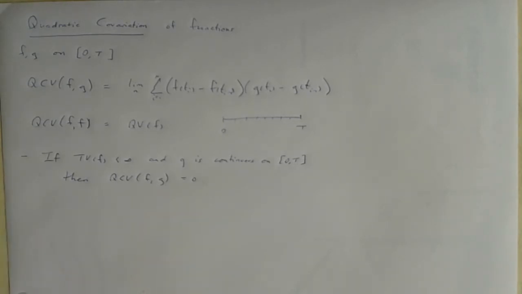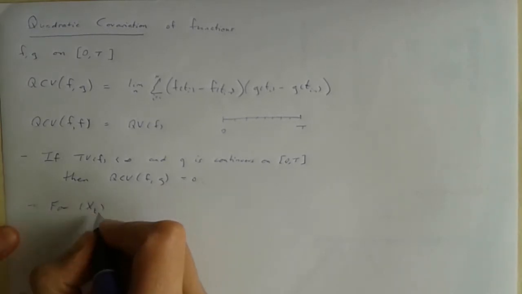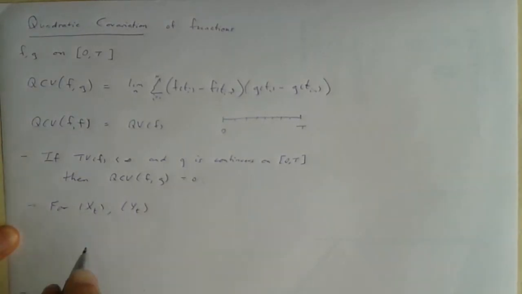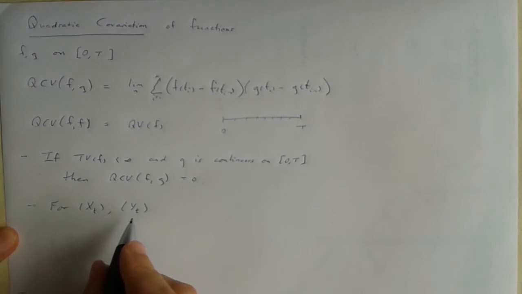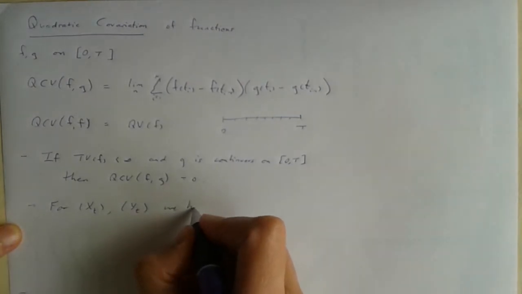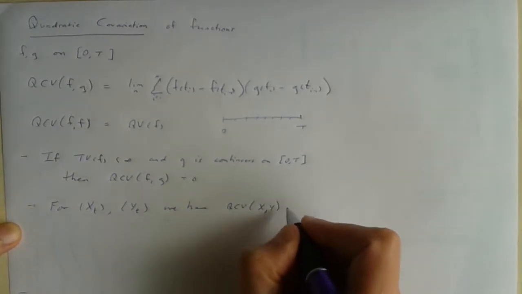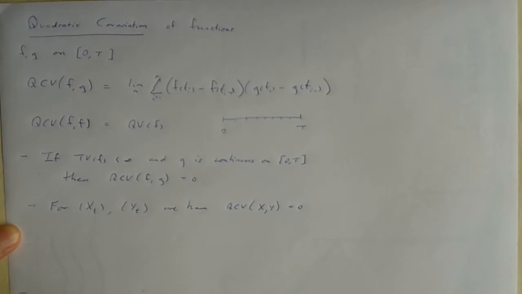What that means is that any time we have stochastic processes, let's write them as stochastic processes x_t and y_t, so these are random functions now. When are we going to have their quadratic covariation being 0?